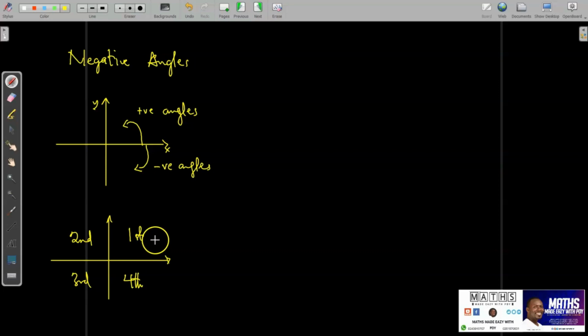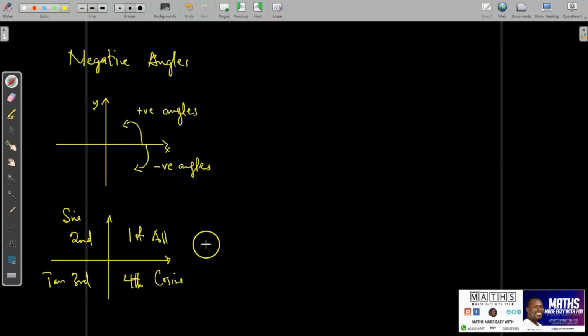They are all positive. In the second quadrant, only sine is positive. In the third quadrant, only tan is positive, and the rest are negative. In the fourth quadrant, only cos is positive.